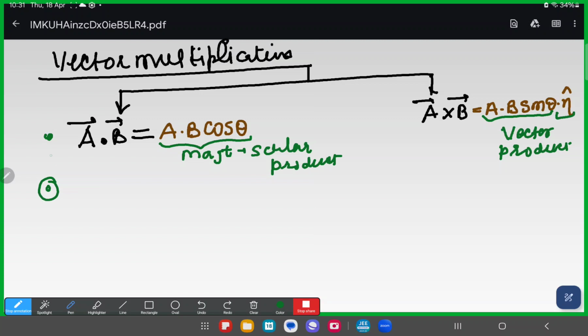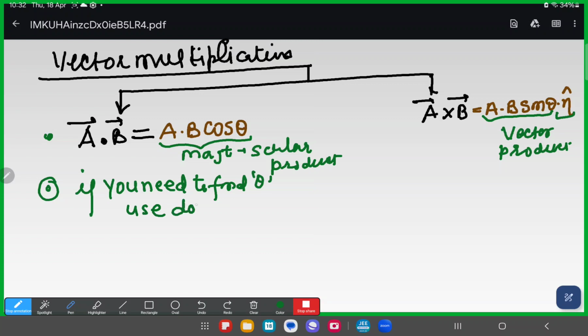Now the next important point is, if you need to find an angle, use the dot product, that is cos theta is equal to a dot b upon ab.